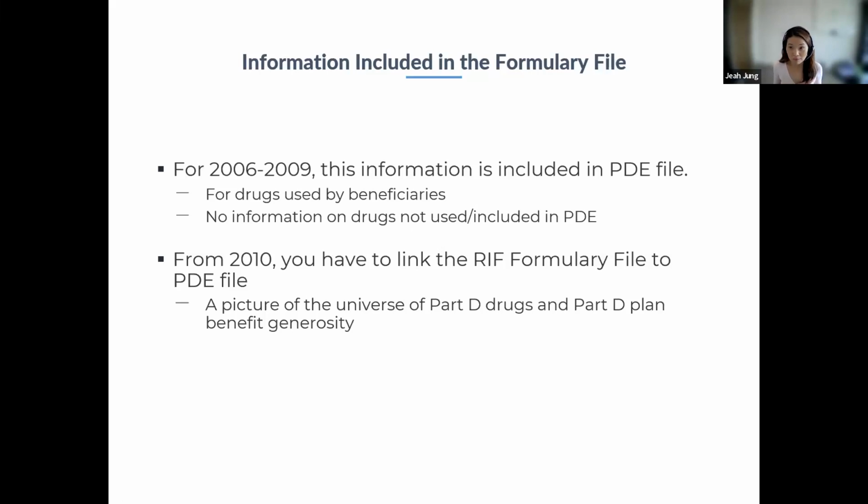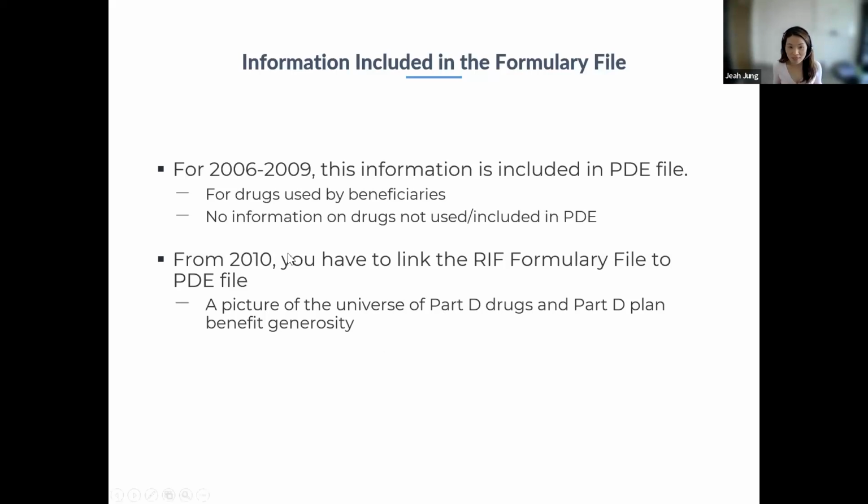So if you obtain a 5% sample, you will get only the information on formulary for the drugs that are used by the 5% sample. So the formulary file is a really valuable file because it gives us information about the universe of Part D drugs and overall Part D plan general benefit generosity.